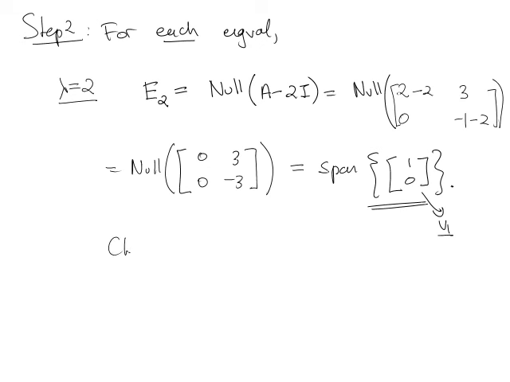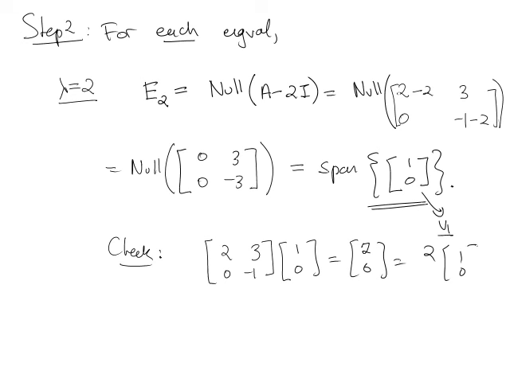And in fact, let's just check this. If we actually multiply our matrix by this vector, we just get 2, 0. So you do indeed get 2 times the vector. So this actually turned out to be an eigenvector, so our method worked.